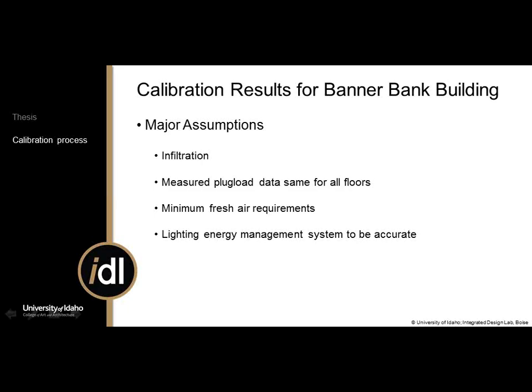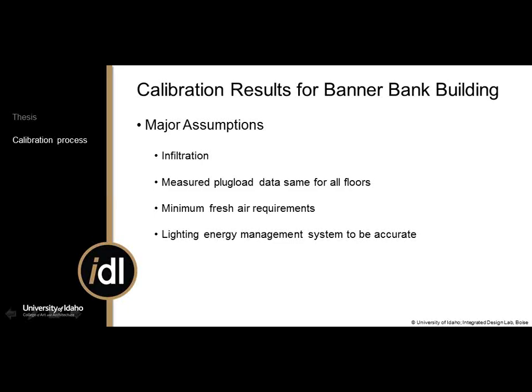My assumptions for the building: infiltration, I assumed a number using a calculator, and then adjusted that number to reduce the heating. And then the major plug loads, we did a study for two of the floors in the building, and I assumed it to be the same for all the floor plans, so I might have to go revisit that and adjust it.